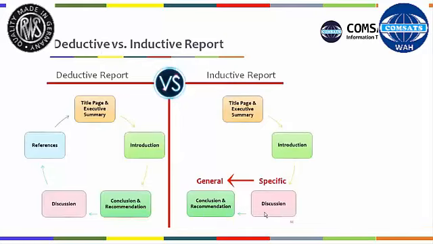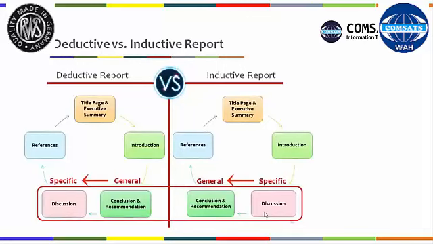So specific to general means the inductive mode of reasoning, and from here of course you will see that we will move towards the references, finally coming to the end of the report. So these are the points, hopefully, that you are clear. You need to be well aware of, keeping in view the nature of your audience, and the objective, the goal of your overall report writing process.